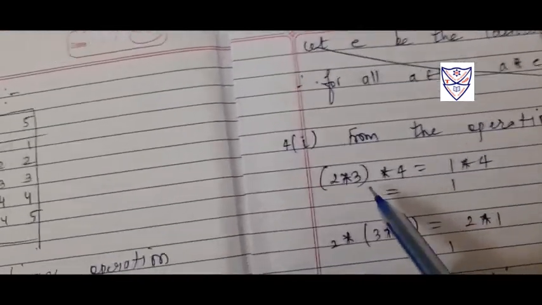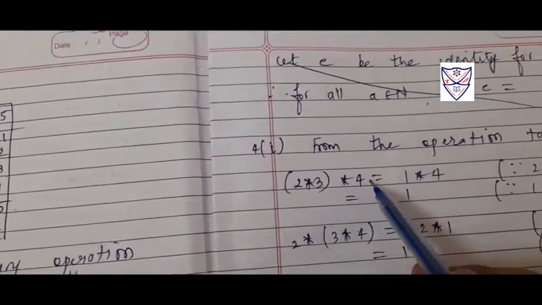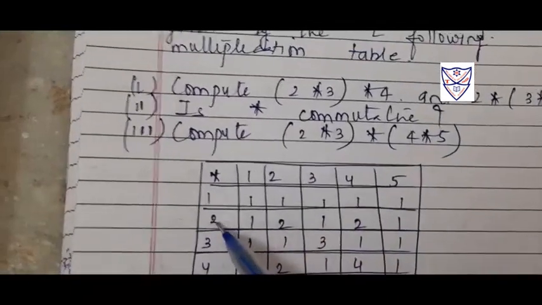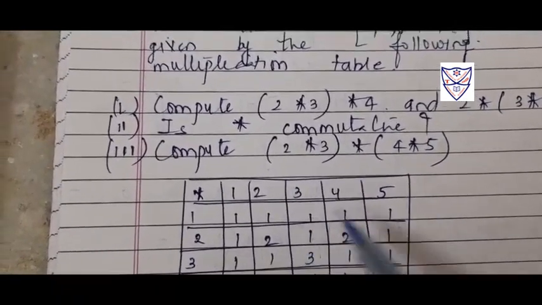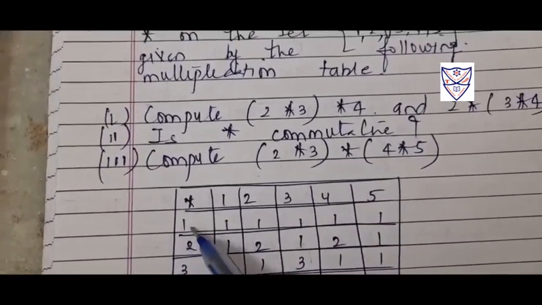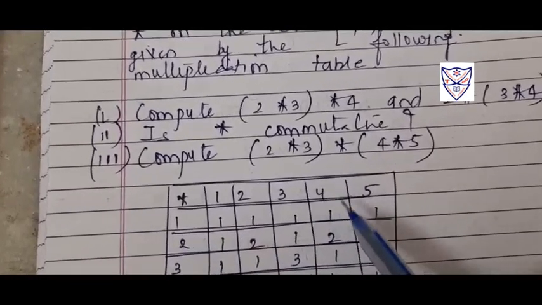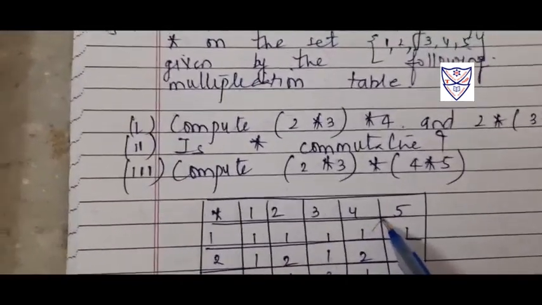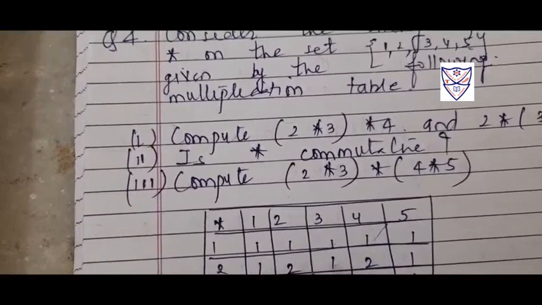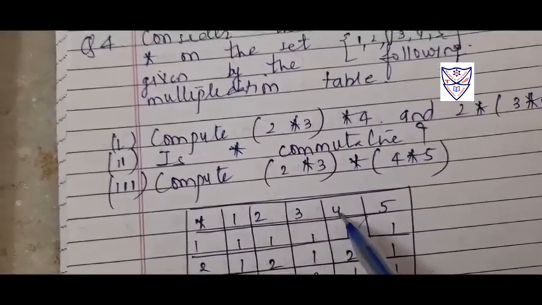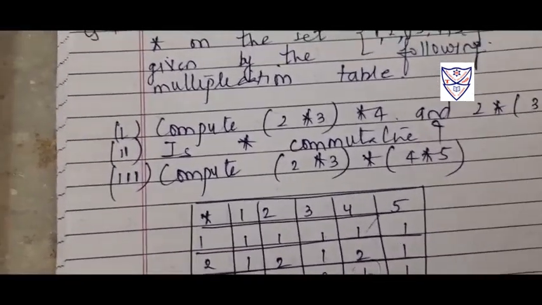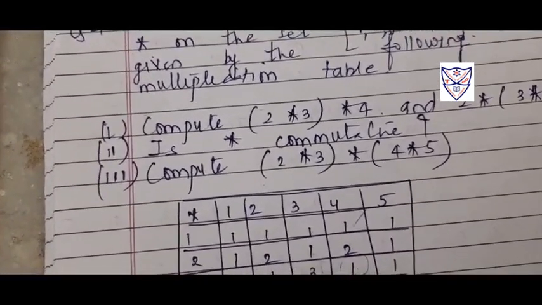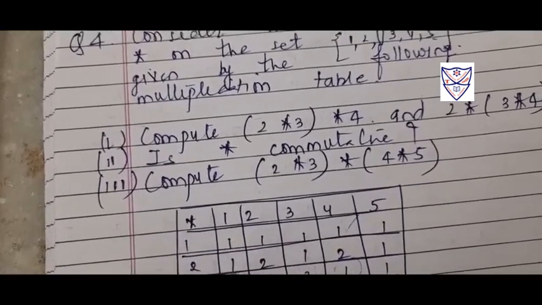Now first, from the operation table, (2 star 3) star 4: 2 star 3 is 1, and then it is star with 4, so 1 star 4 gives 1. Next is 2 star (3 star 4): 3 star 4 gives 1, and then 2 star 1 gives 1.